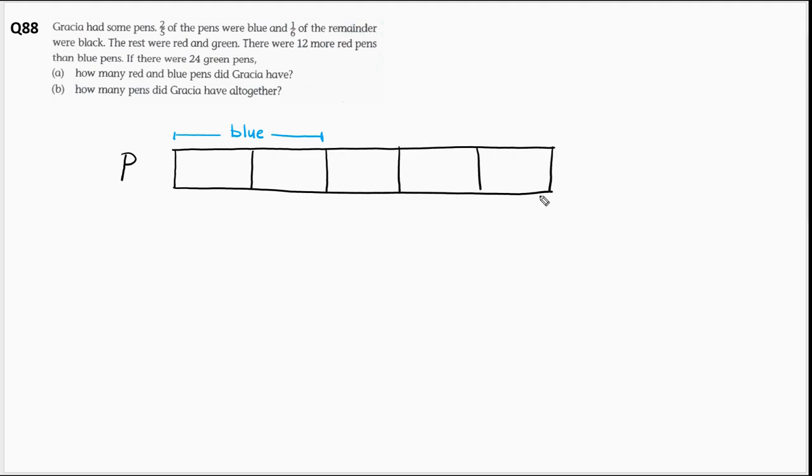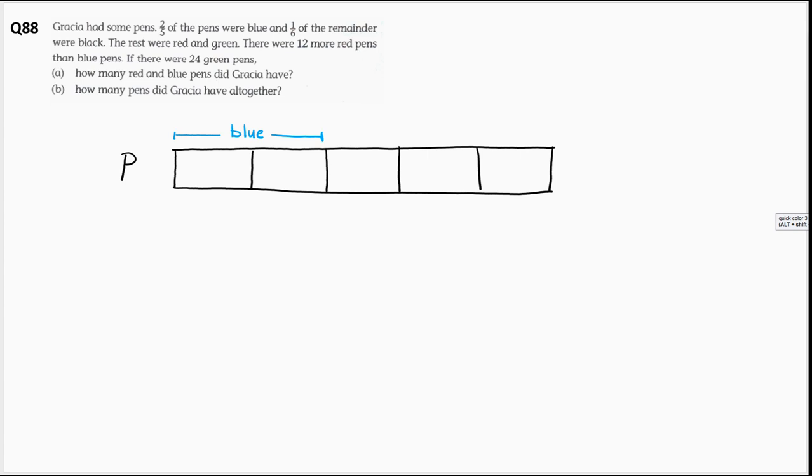And if we think of this remainder as a whole, which it is now, for this fraction, it's the whole that we're talking about. 1/6 were black. Now, currently this whole is divided into thirds.